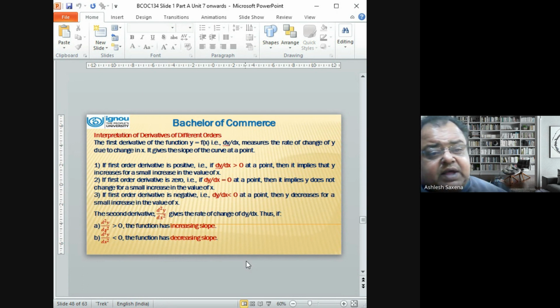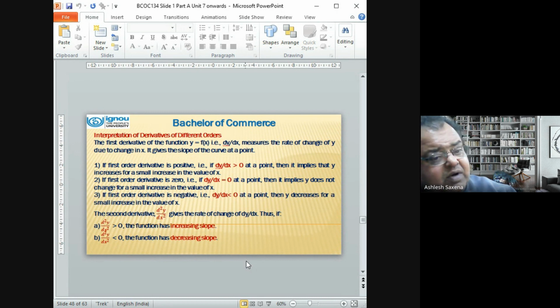It gives the slope of the curve at a point. Now listen to it very carefully. If the first order derivative is positive, that is dy by dx is greater than 0 at a point, then it implies that y increases for a small increase in the value of x.